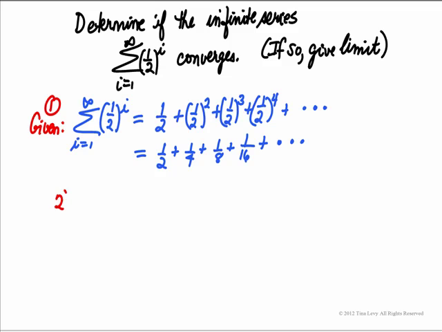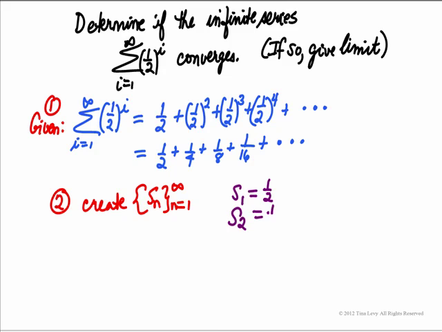Our second step is we are going to create the sequence of partial sums S_n as n goes from 1 to infinity. So we're going to come up with a formula for what the sum of the first n terms of this series is. So S_1 is 1/2, S_2 is 1/2 plus 1/4, which is 3/4.